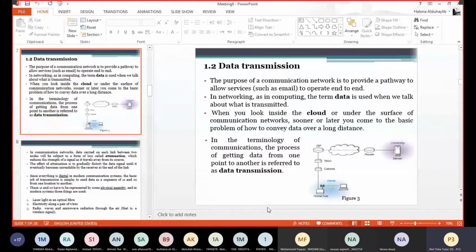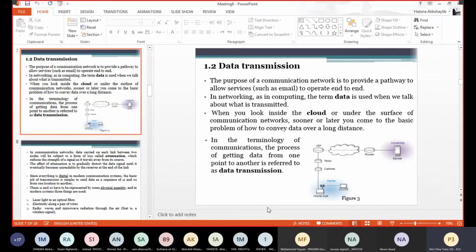Data transmission. The purpose of a communication network is to provide a pathway to allow services, such as email, to operate end-to-end. So why do we need to have this communication? Because we need to send some data and we need to get some data, whether it is a file, opening a website, or sending an email.